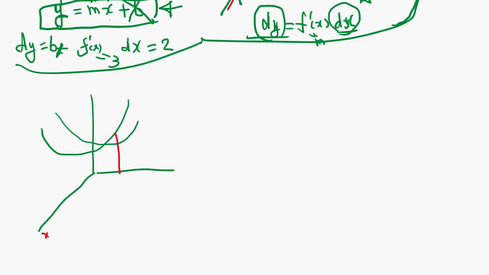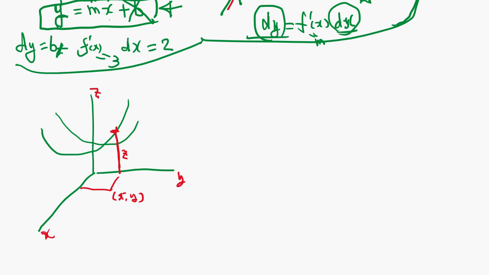This is x, y, z, and this point is x, y, and this is z, right? Okay, and here the slope function, we can define two slope functions.